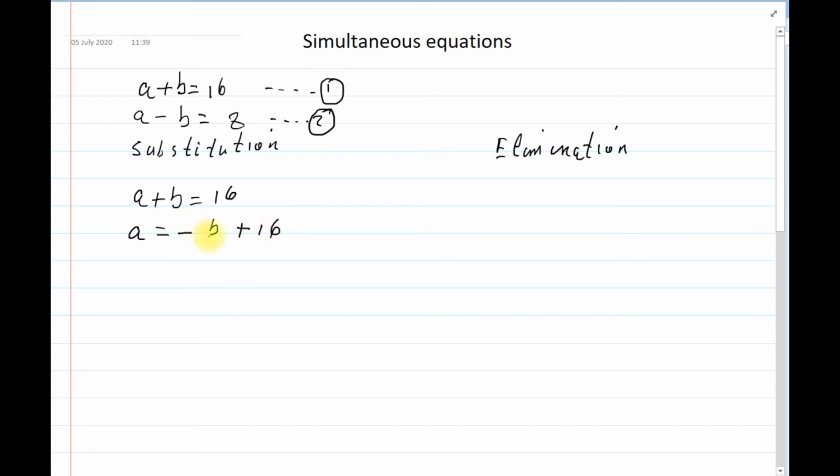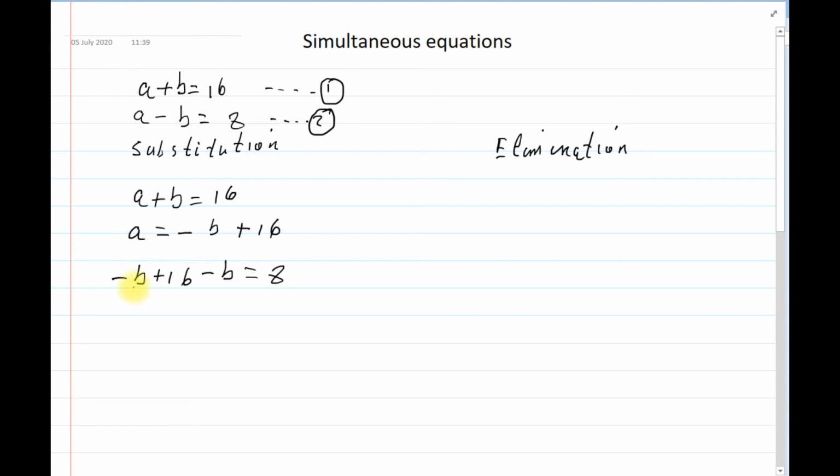So now I will substitute this value of a in my second equation, number 2. So for a, I'm going to put minus b plus 16, and then I have minus b there, and this all equals 8. Now I have one equation, and I have one unknown, which is the unknown b.